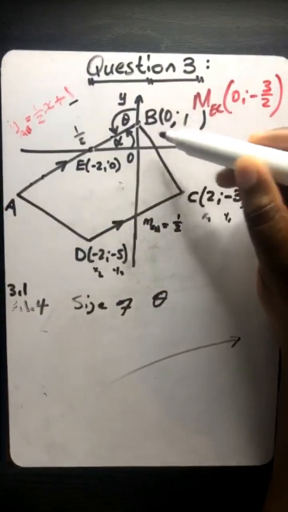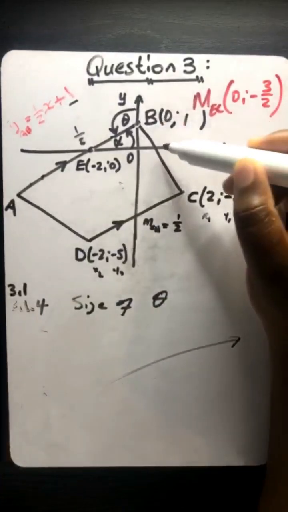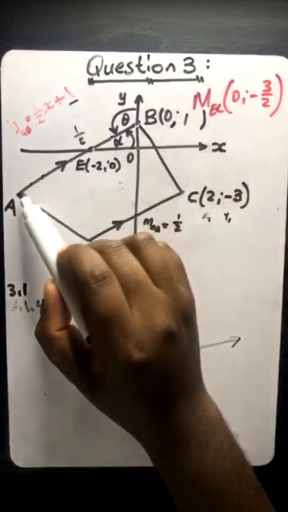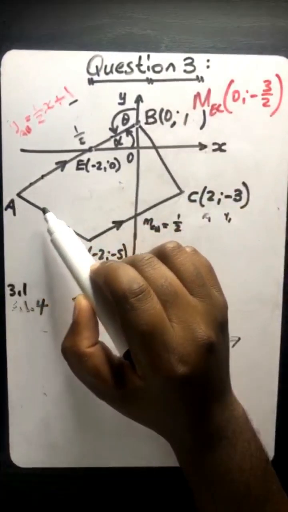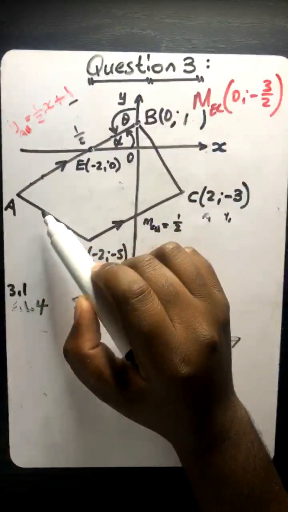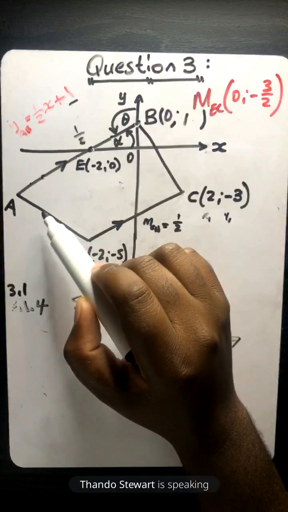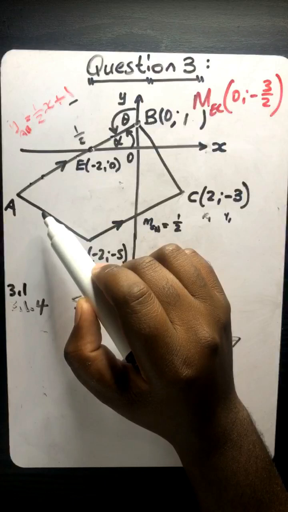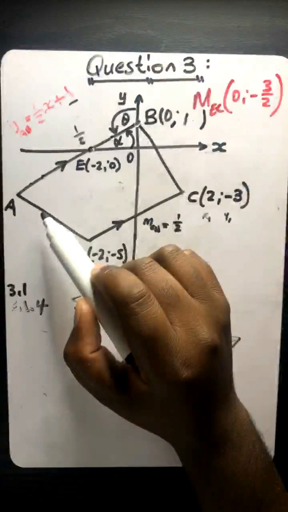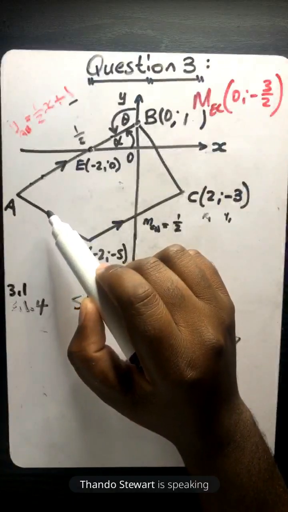Which line? I'm asking to look for that theta. Don't we use the intersections of the line and the x-axis?